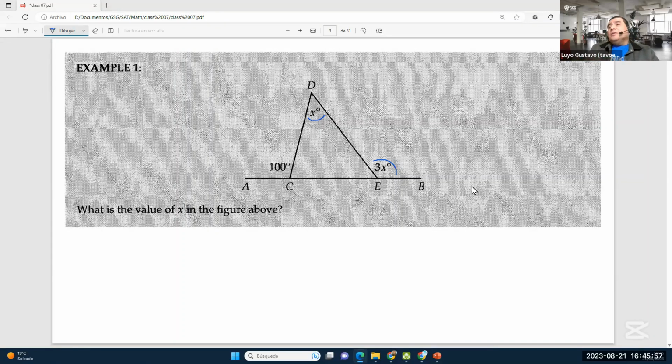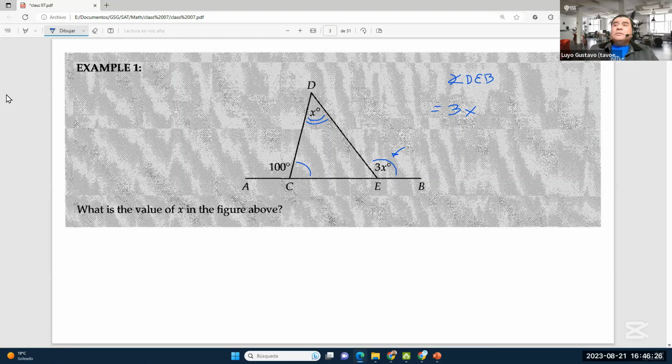So you can take a look at this, for example, and say that 3x is the measure of the exterior angle DEB, right? The measure of the exterior angle DEB equals 3x. That angle should be the sum of this and this, right? The sum of the other two interior angles in the same triangle.